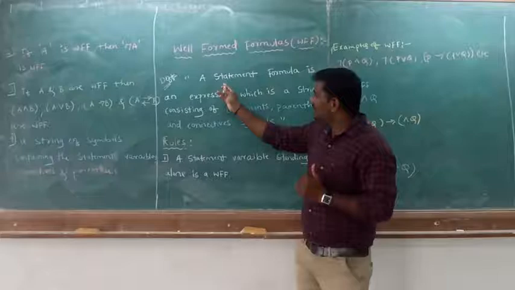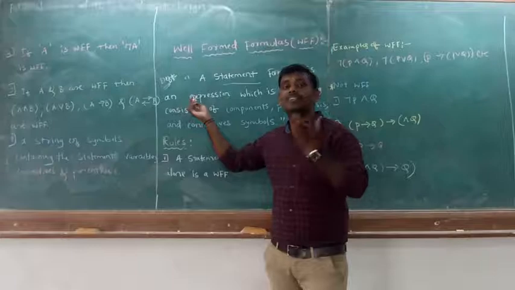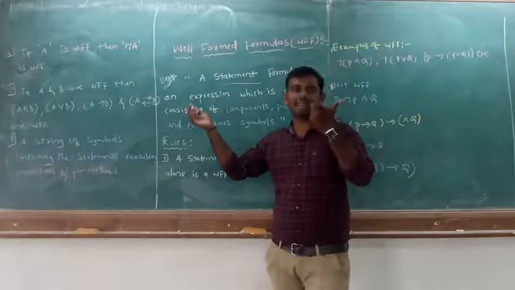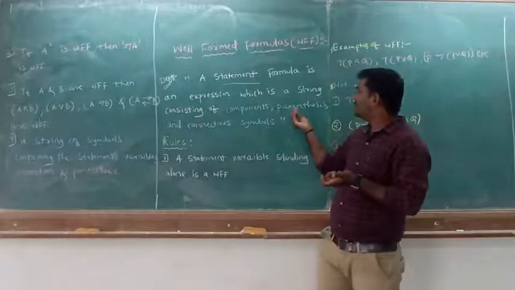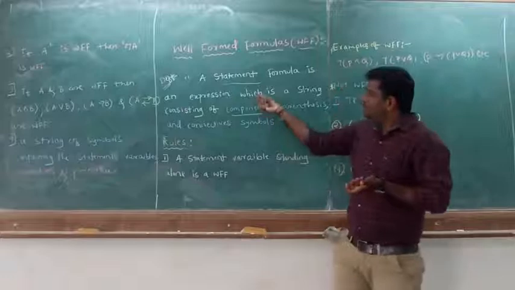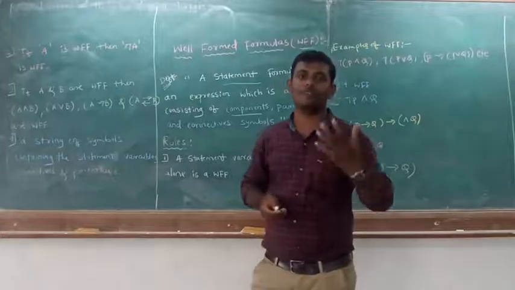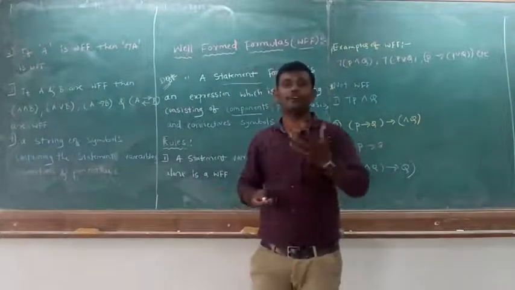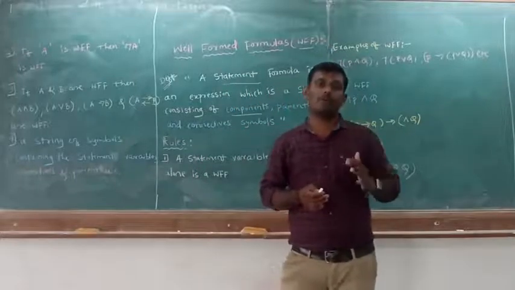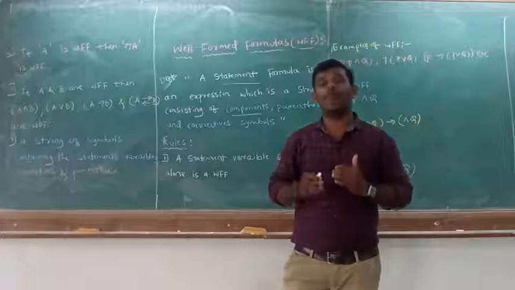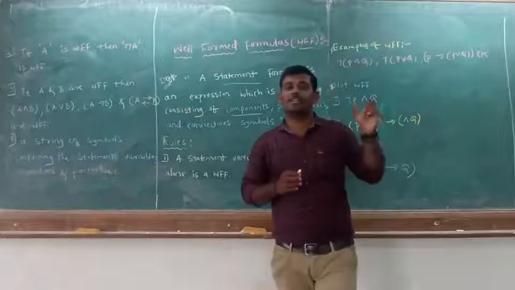See here, any statement formula is an expression, a mathematical expression, which is a string consisting of components. Components means primary statements, which we denote by English alphabet letters A to Z. These are called components or primary statements, or we can call them variables in the statement formula.